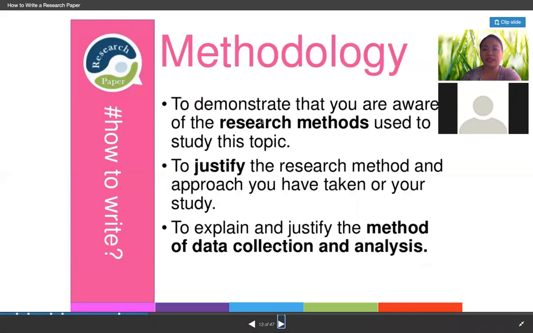For your methods, it will demonstrate that you are aware of the research methods, and that justifies the research method and your approach.